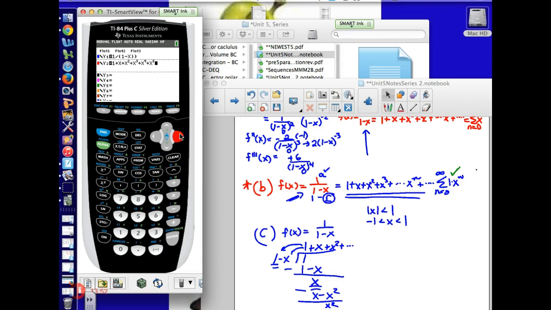Keep in mind the power series actually goes to infinity. So I'm going to take a look at my window here, and I think I'm going to go from negative 4 to 4 by 1s. Let's see what is going on.